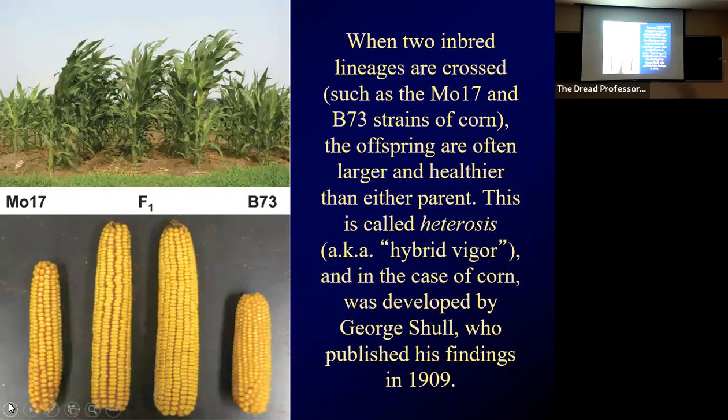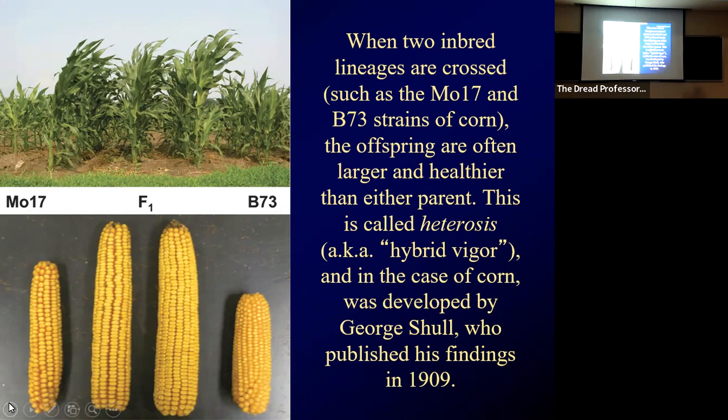You can take two inbred lineages and cross them. First of all, not only will the offspring be heterozygous at almost all loci, so you could cross a mouse that was inbred to have diabetes with a mouse that was inbred to have OCD, and the offspring being heterozygous, you would expect would have neither.